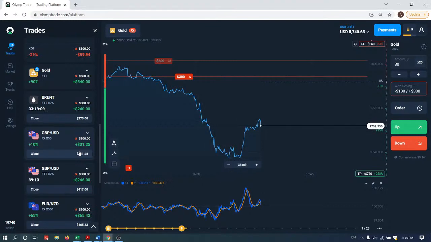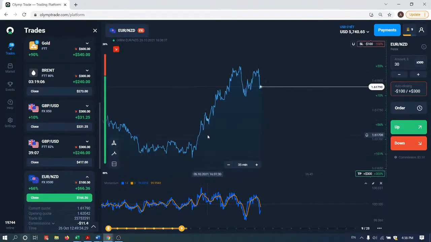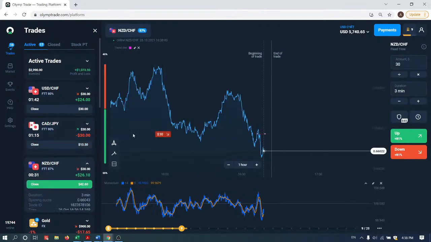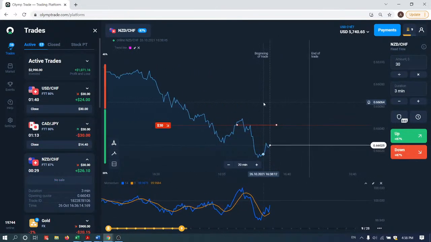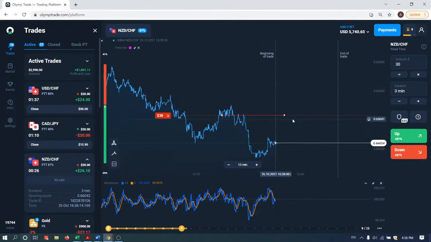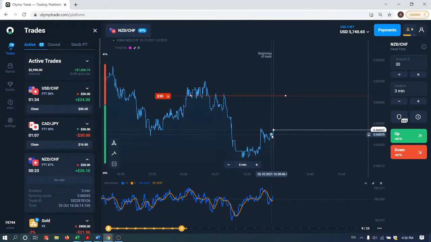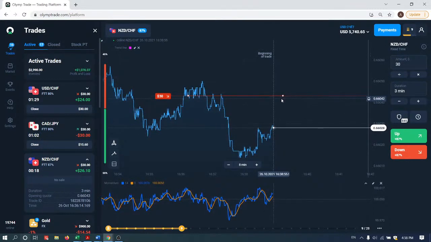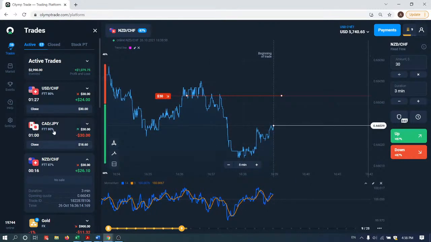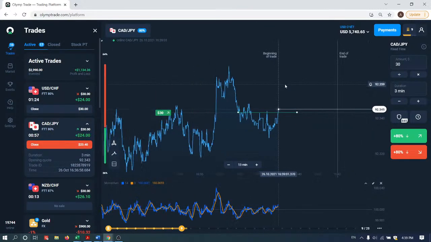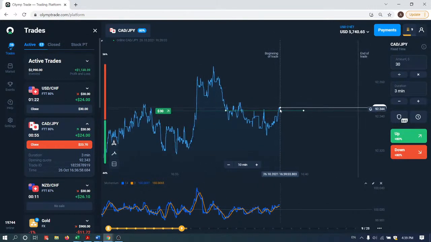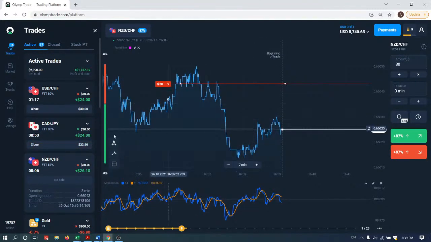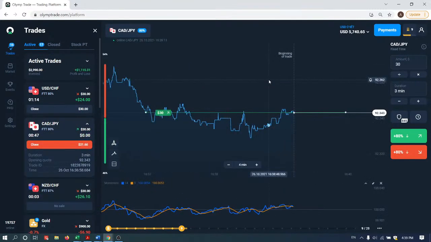Cool. All right, so NZDCHF should be a profitable trade. 20 seconds to go, and we have a lot of handicap here. So I don't really think that in 20 seconds something bad is going to happen to our trade. CAD JPY, well, I think it's kind of like 50-50. So we do have pretty good chances of winning here.